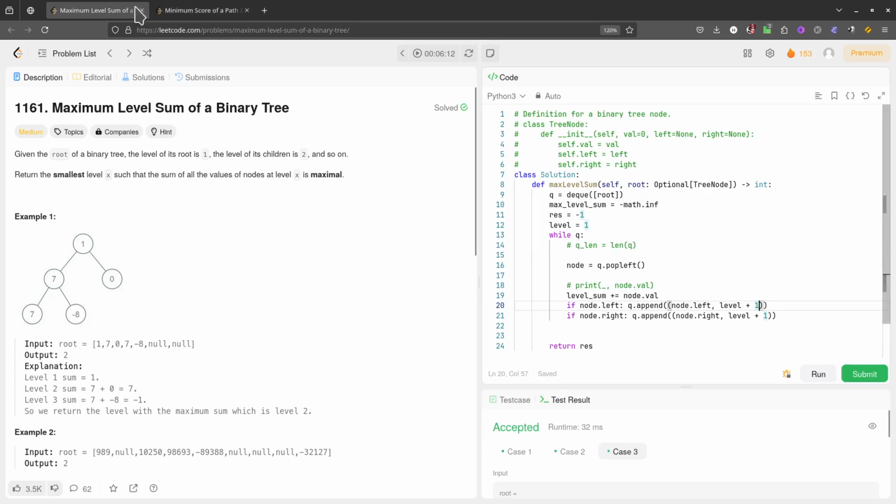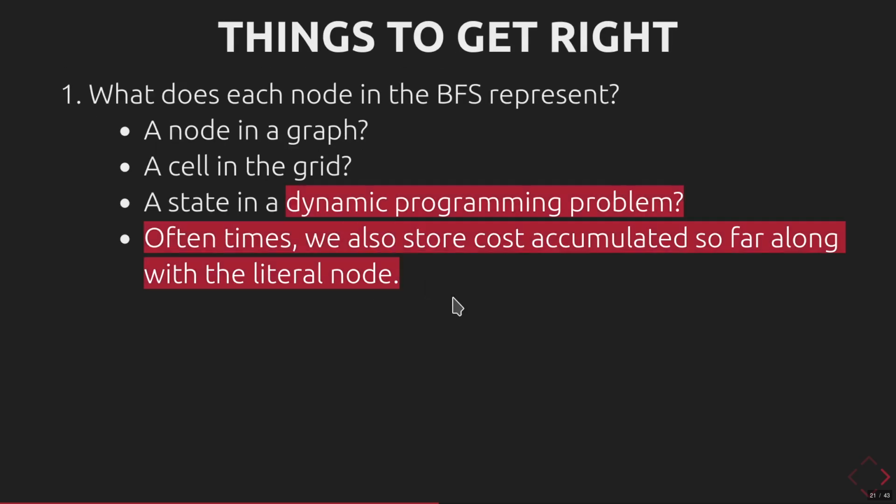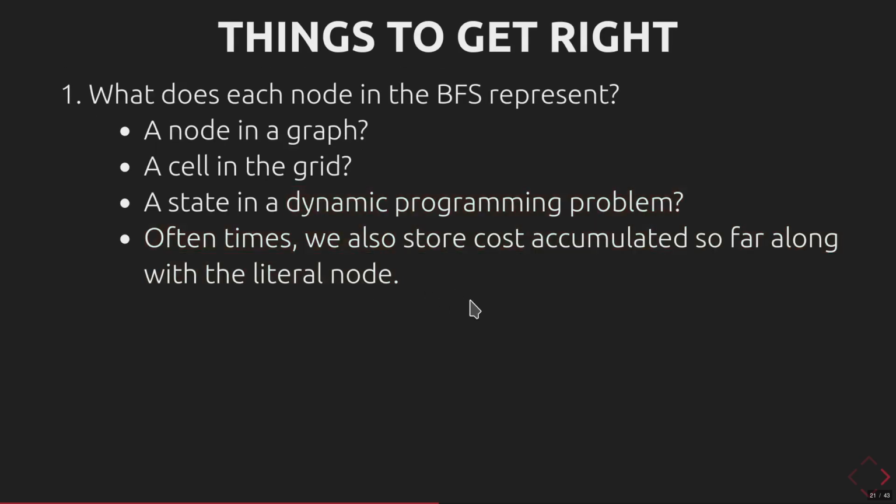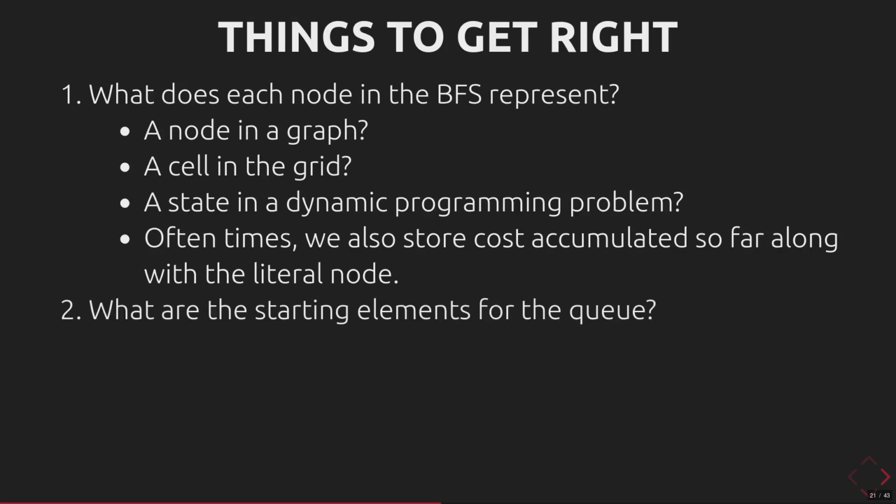So that's one possibility. It starts looking a bit more like DFS when you do something like that. I don't think I have too many examples of doing that right now, but it's definitely a way to use BFS that we might cover in a second lecture on BFS if we get there.